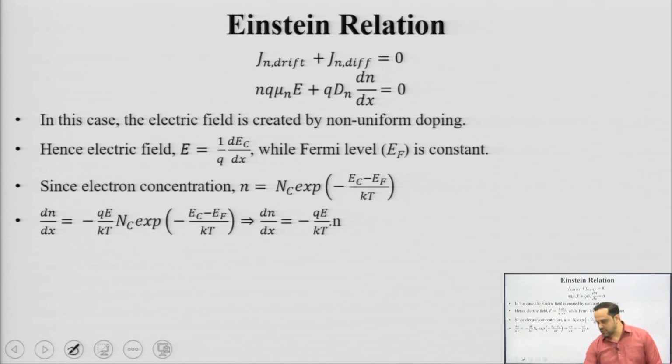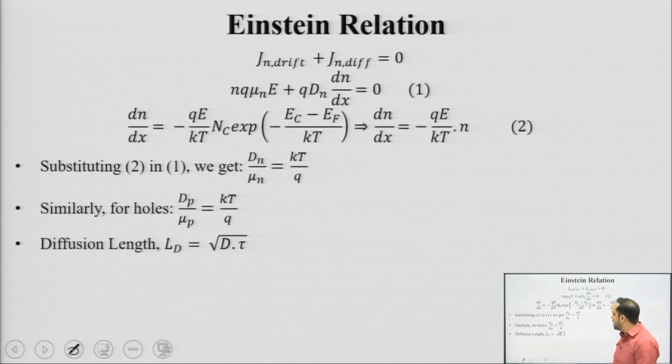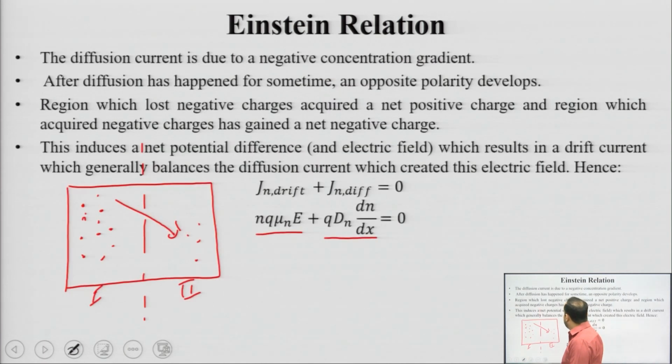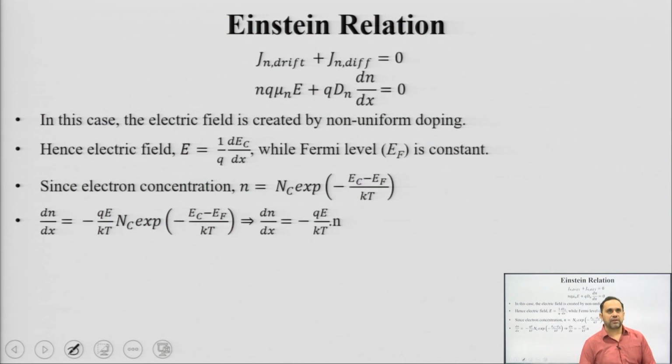Why are we taking this conduction band energy? See this region here, there is going to be a higher probability of finding electrons as compared with here. So, your energy band diagram is going to have a slope. Whereas the Fermi level remains constant at equilibrium, other levels like E_c, E_v and E_i, the intrinsic Fermi level, are going to have a gradient.